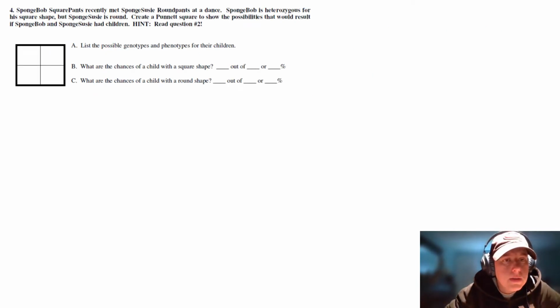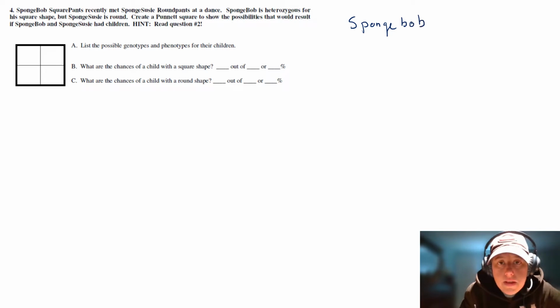SpongeBob SquarePants recently met Sponge Susie Roundpants at a dance. SpongeBob is heterozygous for his square shape. So if he's heterozygous, that means he has to have 2 different alleles. So that means capital S, little s, because I have one dominant and one recessive trait.